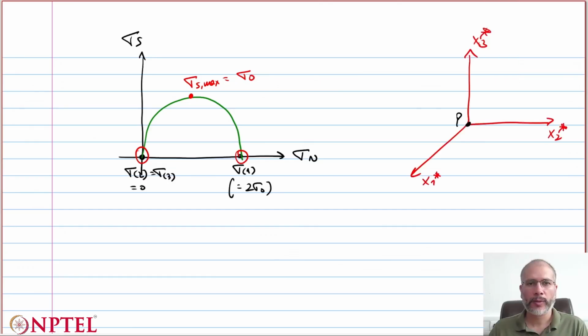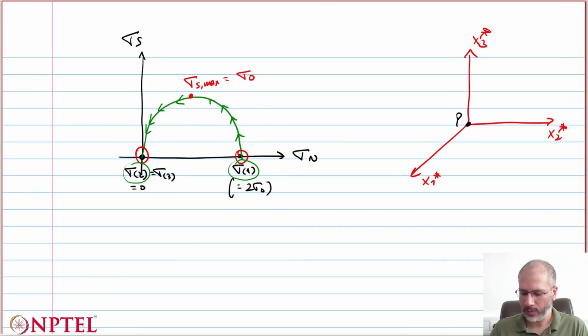And if I also had to locate the normal n hat for the cutting plane, which corresponds to the maximum shear stress in this case, then we can see that if I move on this circle like this, I'm basically going from sigma 1 to sigma 2.